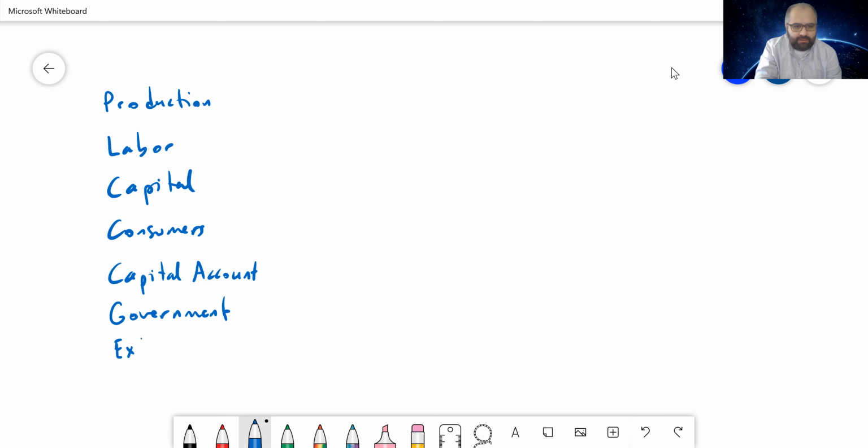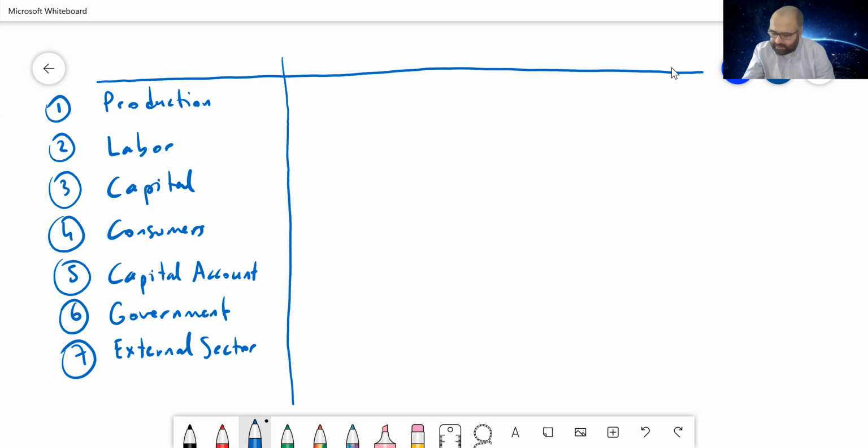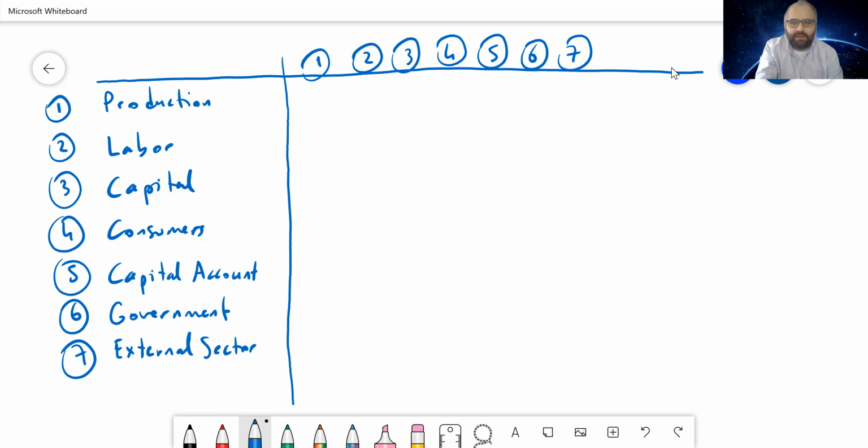Your textbook calls this account the external sector. So if you remember, this is 1, 2, 3, 4, 5, 6, 7. Is that correct? 7. All right. So I have 1, 2, 3, 4, 5, 6, 7.